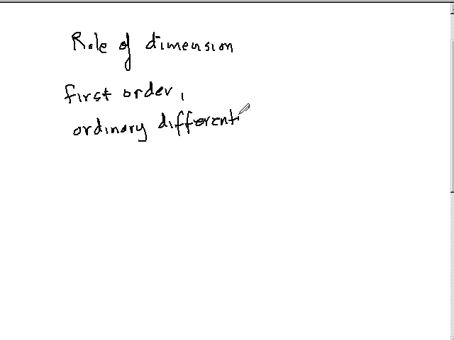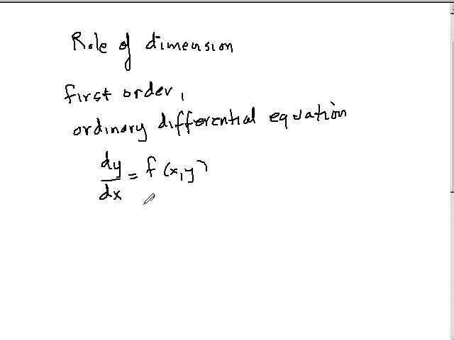Well, it's going to look like the following, and we'll write it in somewhat simpler form: the derivative dy/dx equals f of x, y. Now, if I don't have an explicit dependence on x, so call that capital F, this is then called an autonomous system.